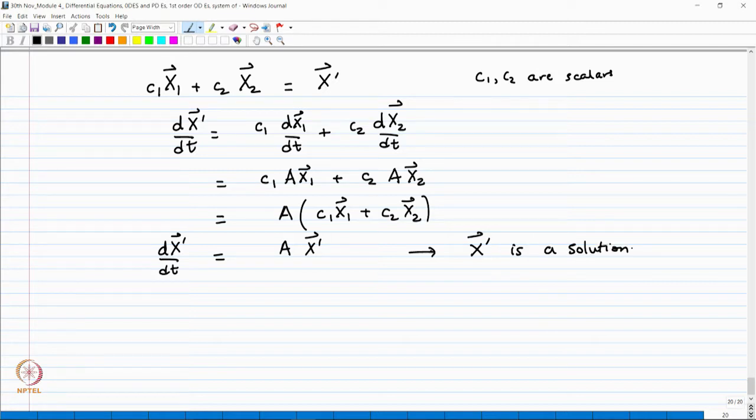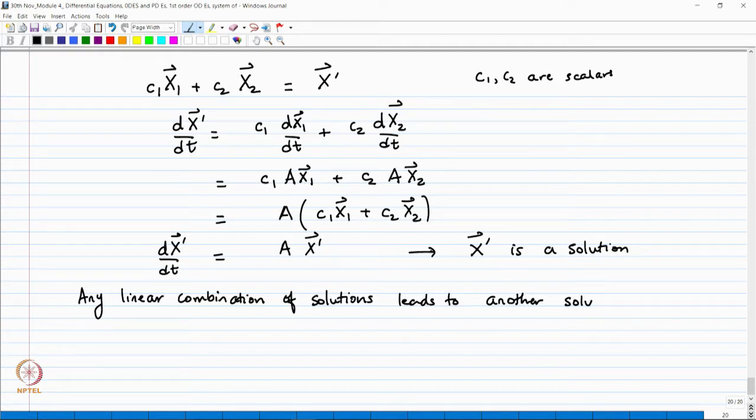that means x prime is a solution. So, for homogeneous equations, any linear combination of solutions leads to another solution. This is true for all homogeneous equations, including those that do not have constant solutions.